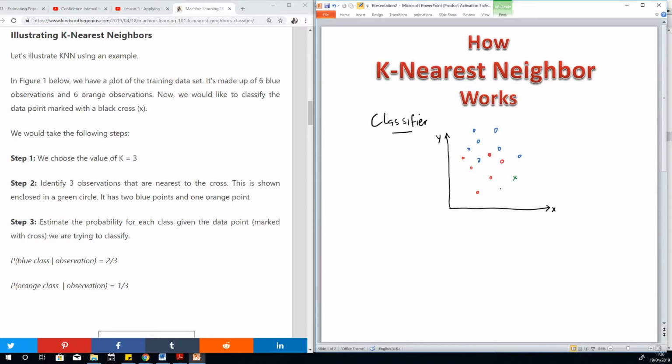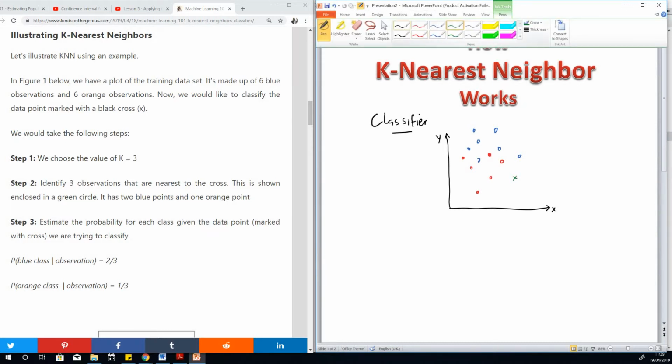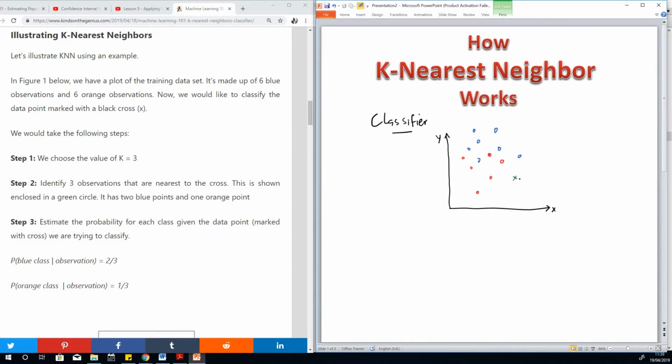Now I've written out the steps that the k-nearest neighbor algorithm takes. The first thing k-nearest neighbor does is to choose the value of k. In this case we are going to choose the value of k to be 3. The next step is to identify data points that are nearest to the data point we want to classify.